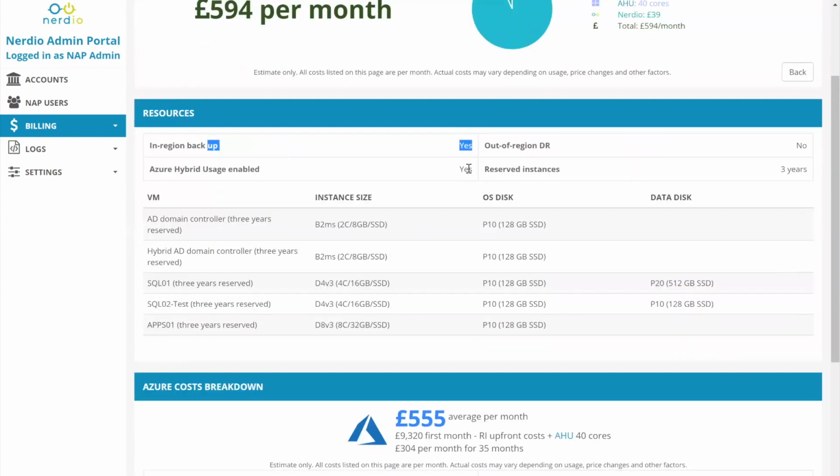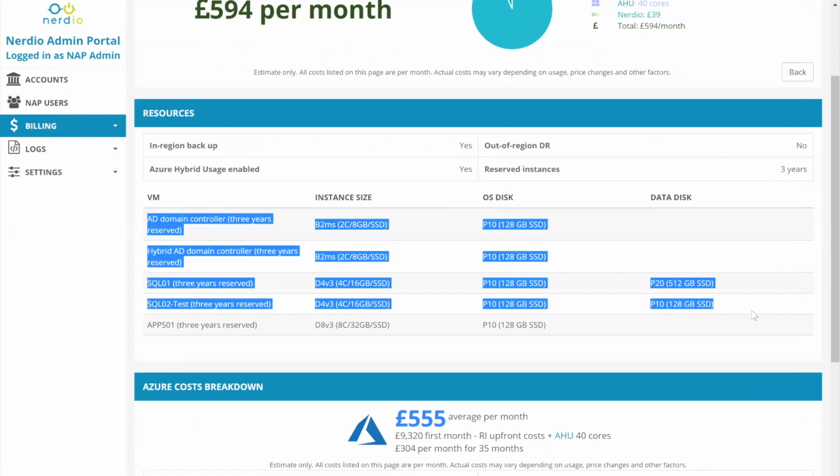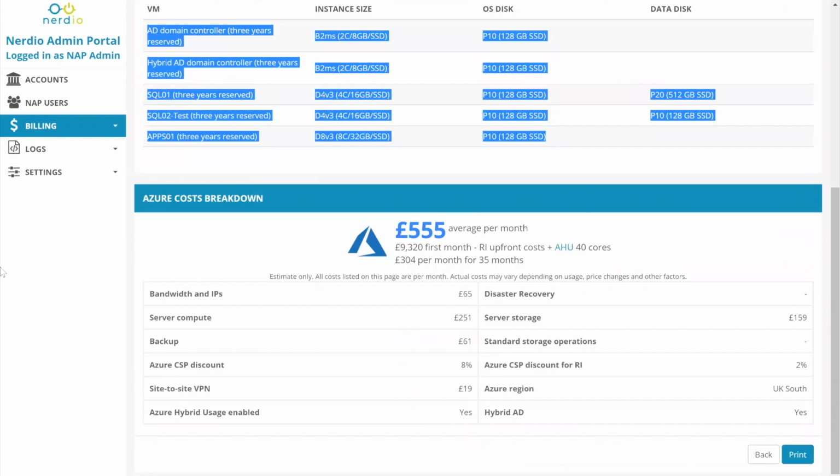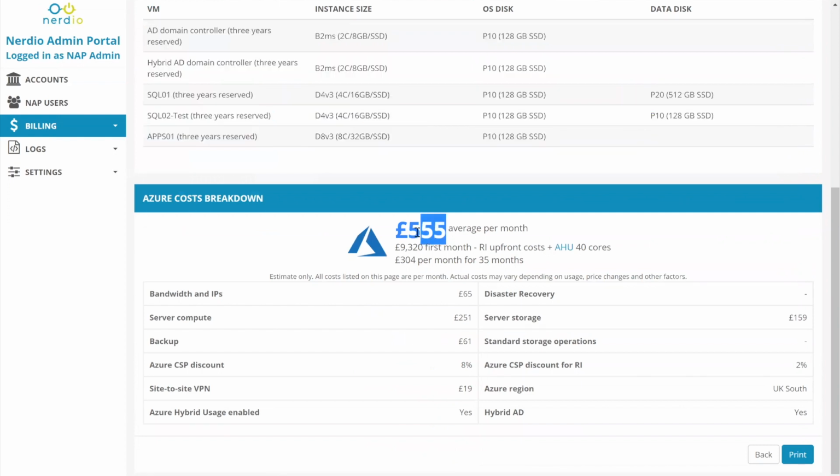So we've turned on to have backup, we've turned on to have hybrid usage enabled, we've selected 3 years of reservations, and we decided to not have DR. This is what we selected in terms of servers, so we know exactly that we're quoting the right thing. And then this section, before we look at the totals, let's look through here, breaks this cost, this 555 pounds, down into its subcomponents.